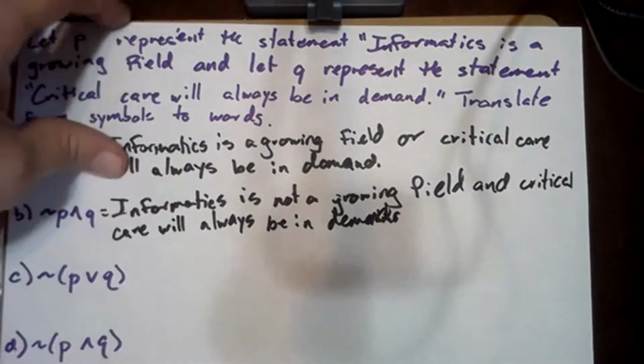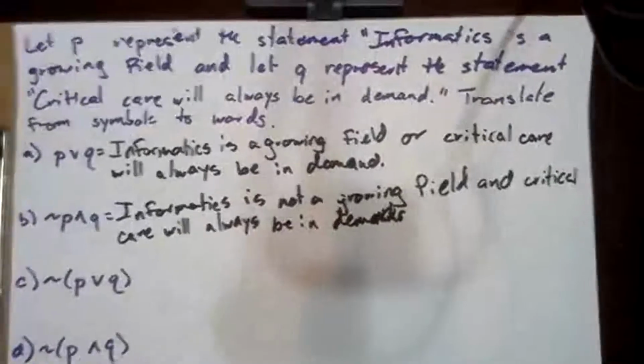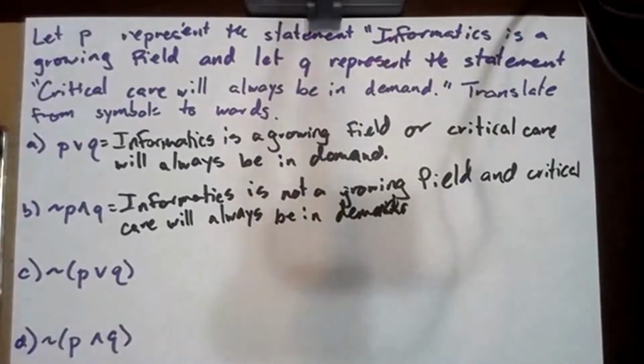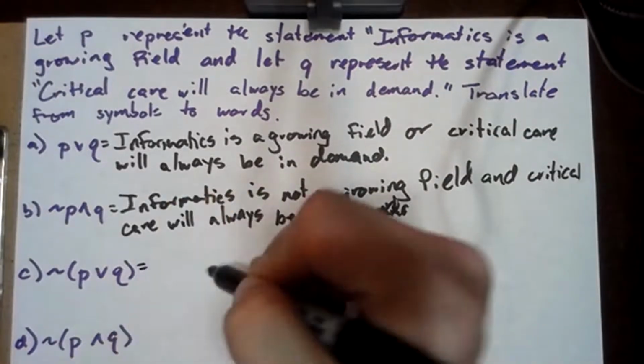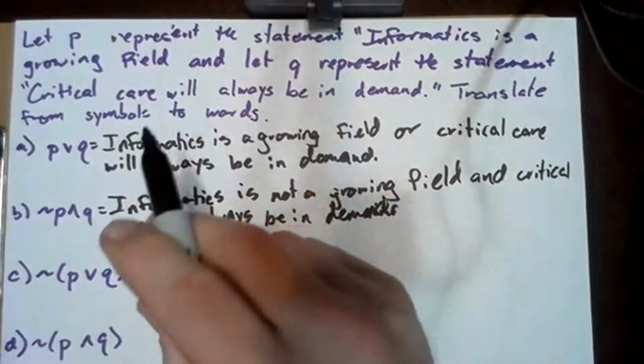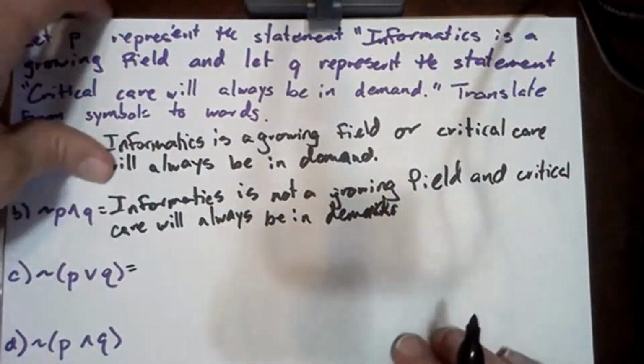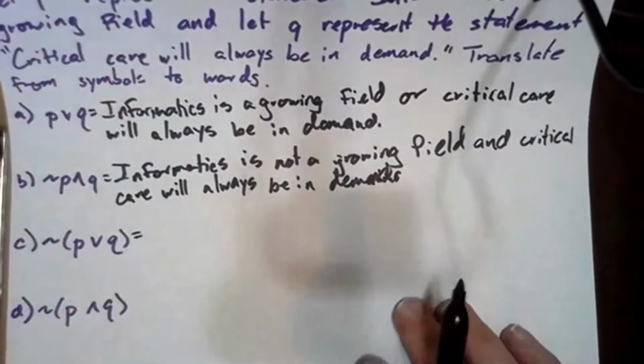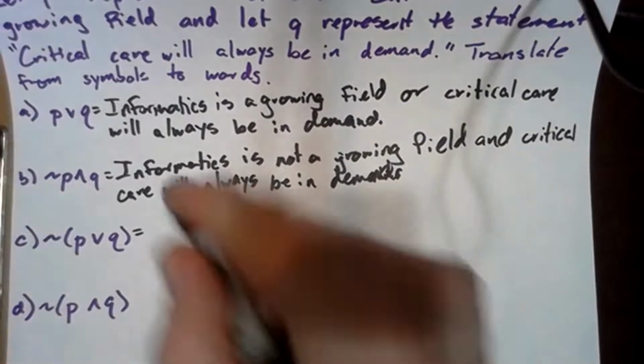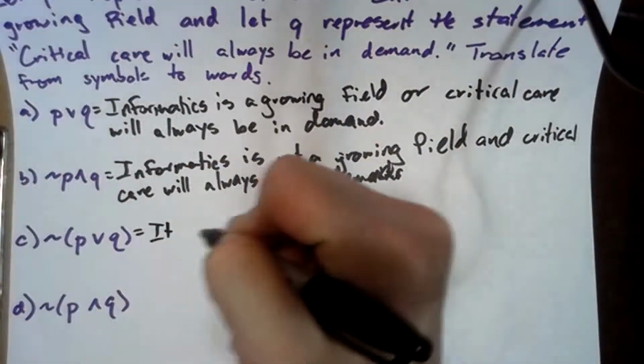Next, we've got not P or Q. Now, we've got that in parentheses, which means we're saying that it's not the case that P or Q is true. Well, then that means here, and we'll look at better ways of dealing with this coming up, but for the moment, the best way we can write this is, it is not the case.